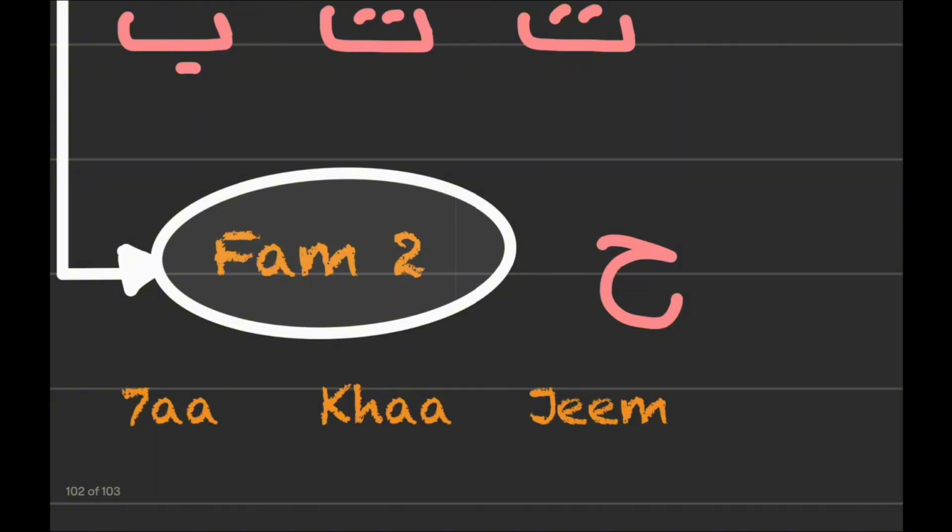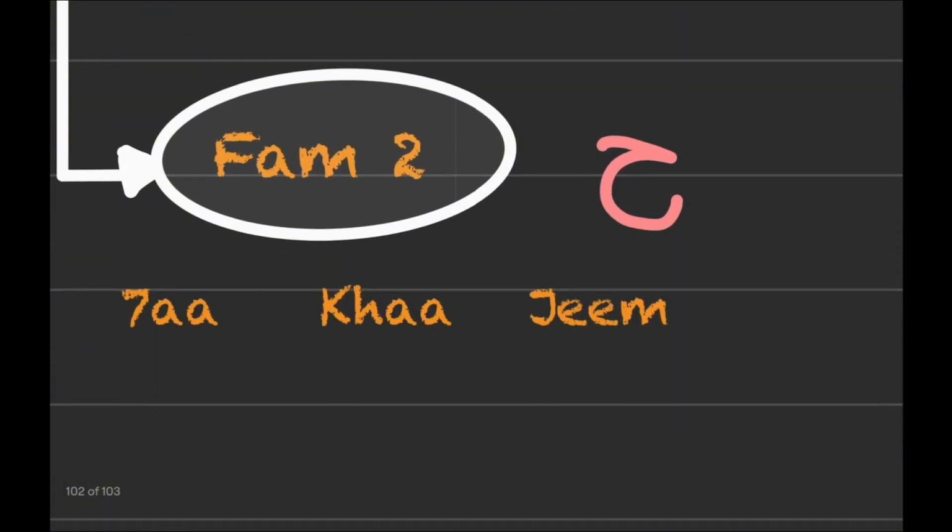Second family, you have the stem, ha. Simply, you have the first member of this family, ha. I want you to see the difference between the stem itself for this family, and letter ha. You don't see any difference, right? Yeah, exactly. So letter ha is the same as the stem.